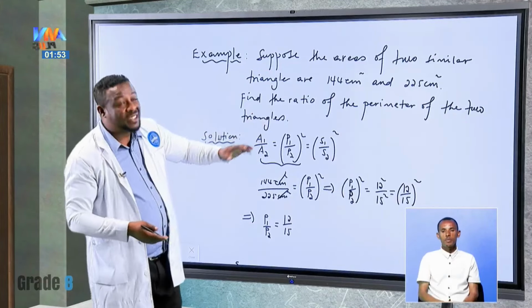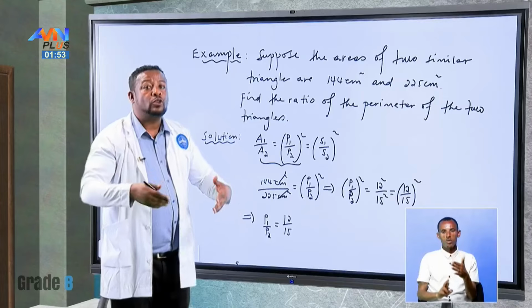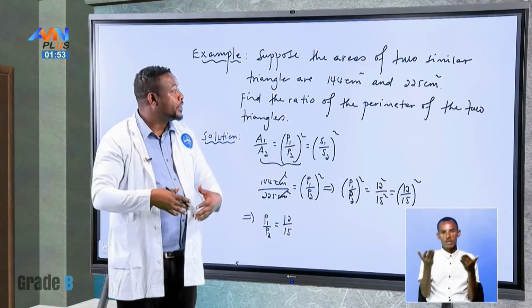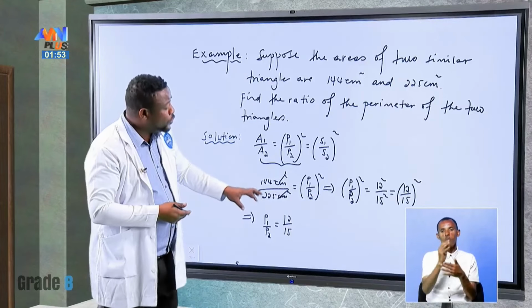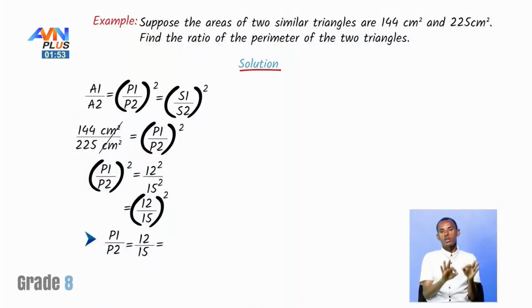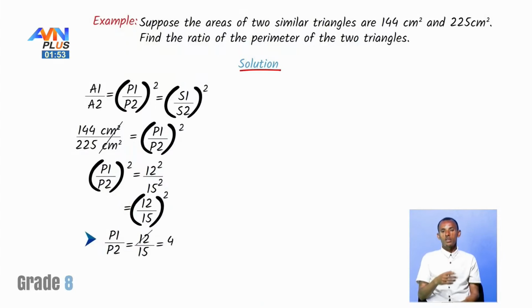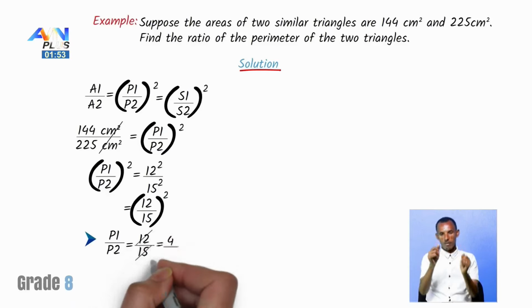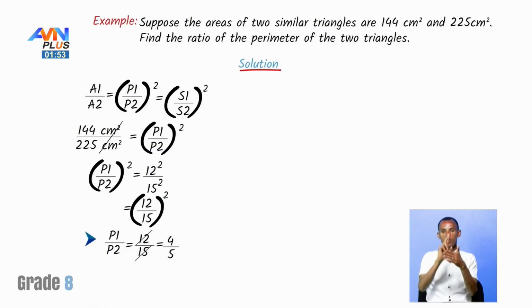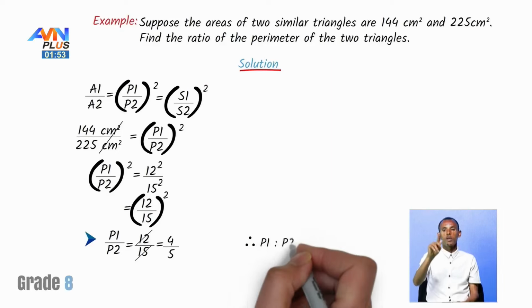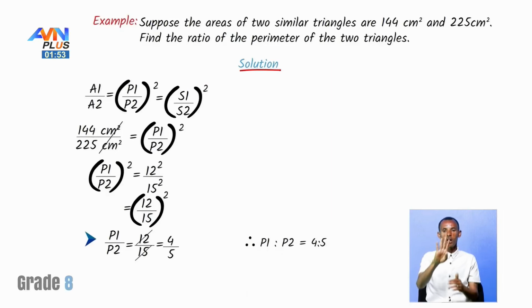But we are asked for the ratio, and whenever you write something in ratio form, you need to put it in the simplest form. So 12 by 15, dividing both by 3, gives 4 by 5. Therefore, the ratio of P1 to P2 is 4 by 5.